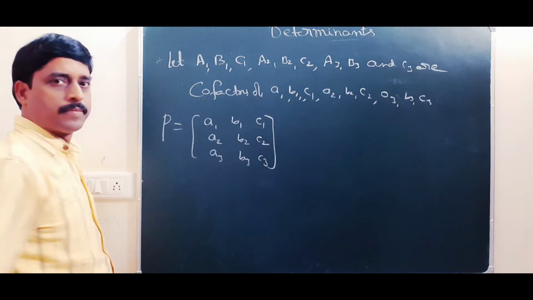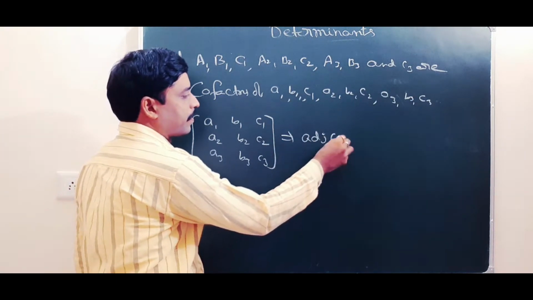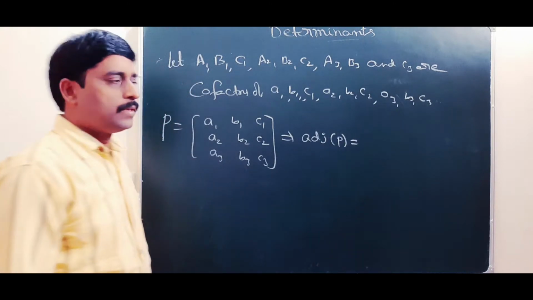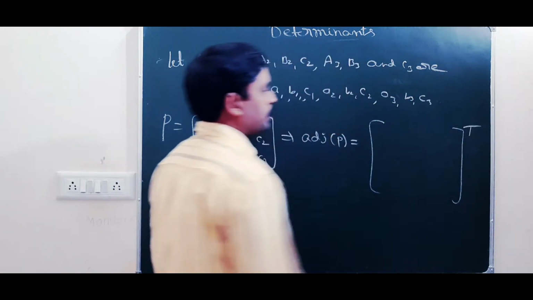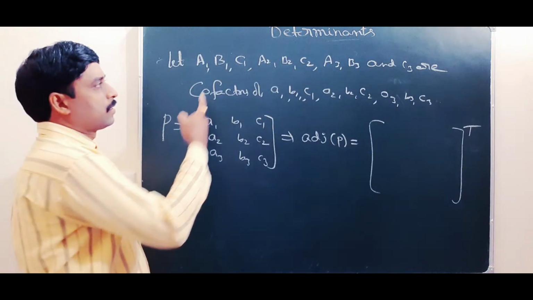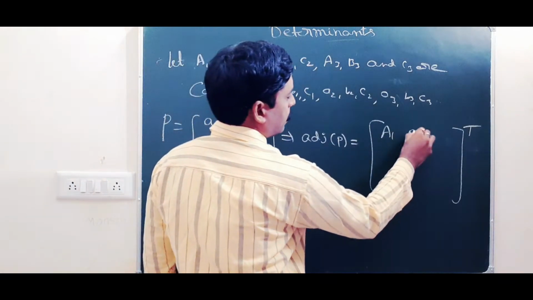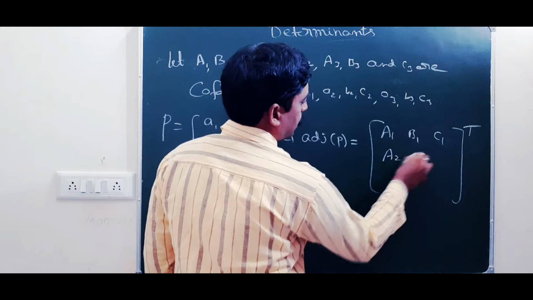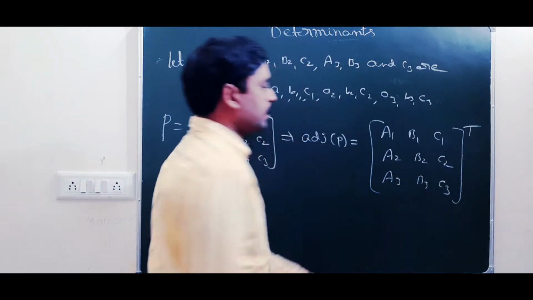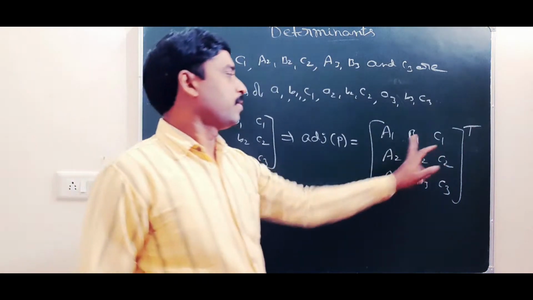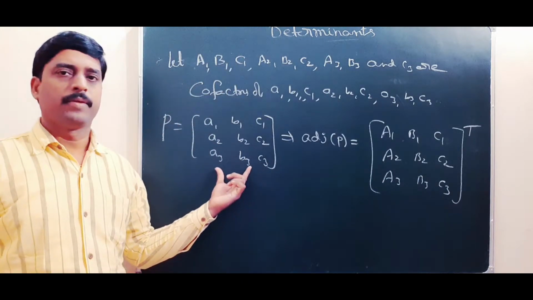Now the adjoint of P is the transpose of the cofactor matrix. Capital A1 is the cofactor of small a1. Write A1, B1, C1, A2, B2, C2, A3, B3, C3. This matrix is the cofactor matrix of P.